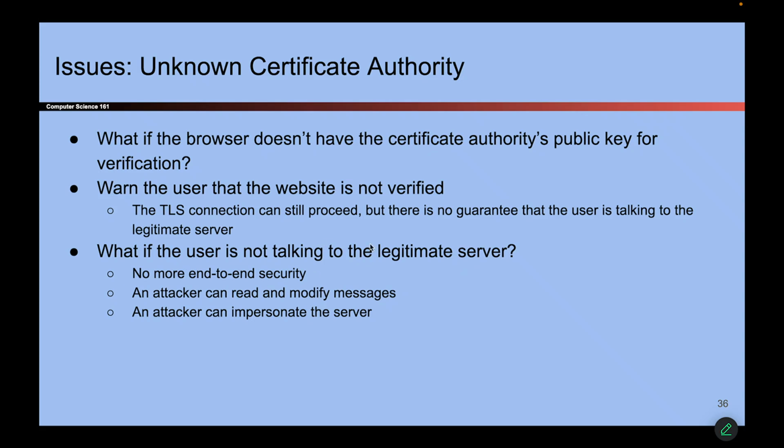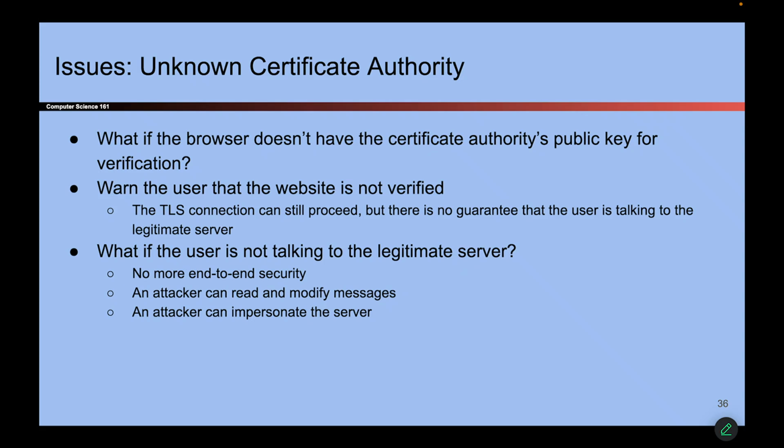What if the user decides to connect anyway? They ignore the warning, and they say, I really want to visit this website, and I don't know if the certificate is trustworthy, but I visit it anyway. What happens in that case? Well, now you have no idea who the public key belongs to. This could be the attacker's public key signed by someone you don't trust. So you don't know who you're talking to.